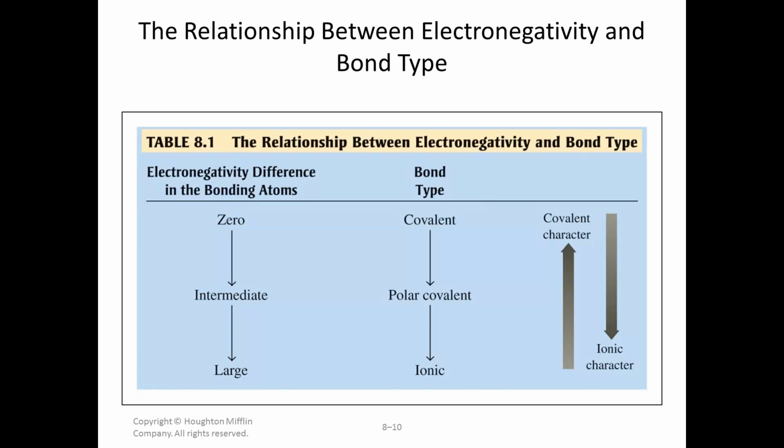When we have intermediate electronegativity differences, this is where we get our polar covalent bond type, where we have an uneven sharing but not a full transfer of electrons. Notice that as ionic character increases, covalent character decreases in bond type and vice versa.